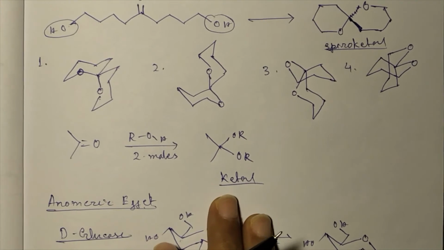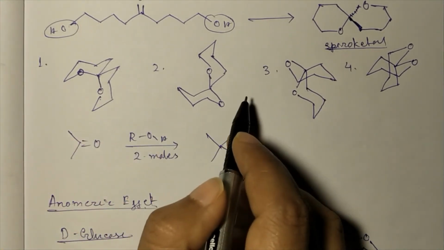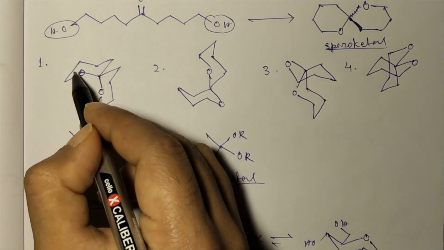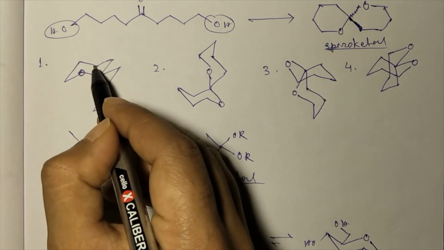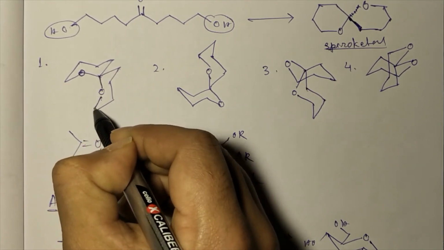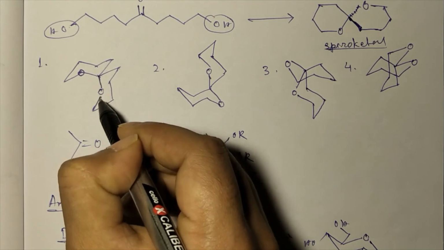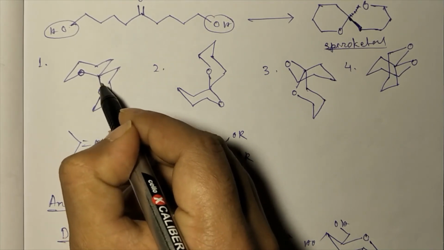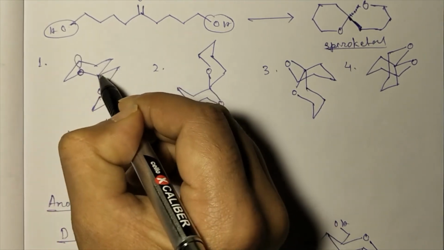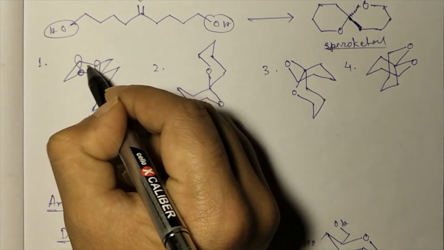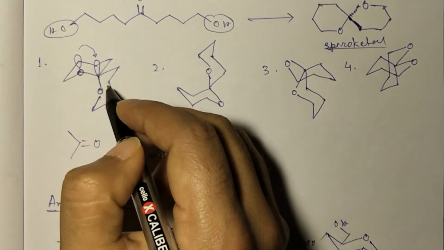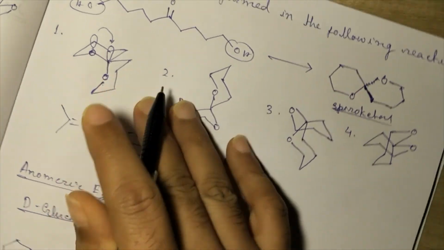Now we will compare the four isomers to see where the anomeric effect will be observed. As we see here, this is a pyranose ring and this is a pyranose ring. Here the OMe, the O-alkyl group, which is the electronegative group, is attached axially and the antibonding orbital and lone pair are parallel to each other. So here hyperconjugation will occur, as well as for the other ring.